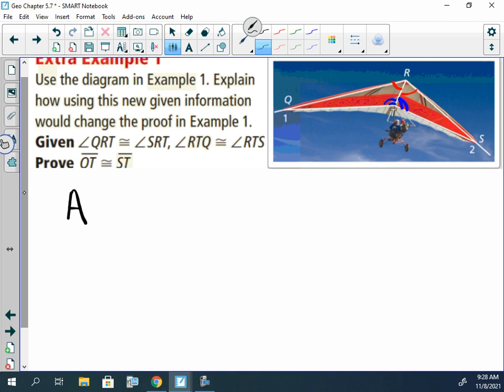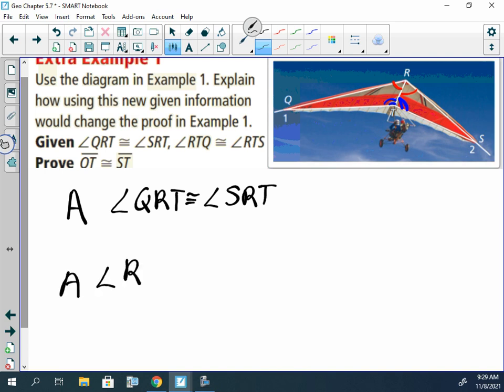So one of the angles that we do know for sure, we can go on and put it down, is angle QRT is congruent to angle SRT. The other angle that we have is angle RTQ is congruent to angle RTS. And really, those were both given to us.